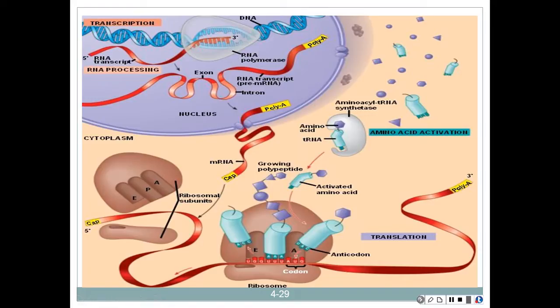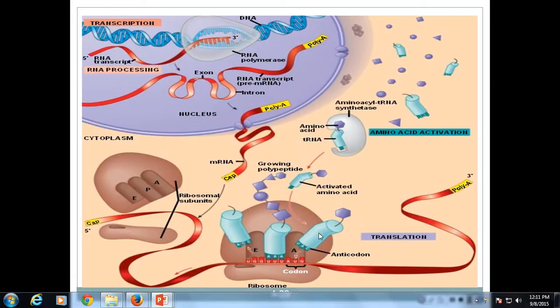The second tRNA carrying the dipeptide shifts into the P site, opening the A site for a third tRNA to bind.